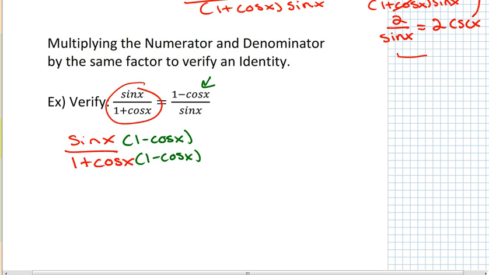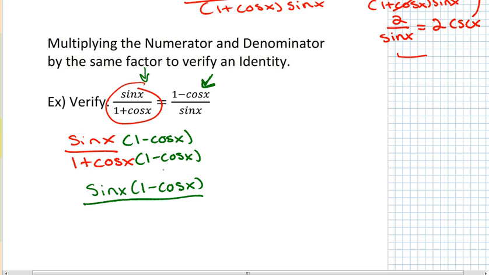We have to get creative. And because the numerator here is 1 minus cosine x and the denominator is 1 plus cosine x, we'll multiply this side, since I'm working with the left, by 1 minus cosine x and see what happens. So when we do that, I get sine x times 1 minus cosine x on the top.